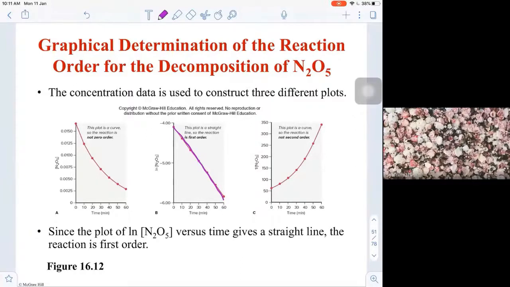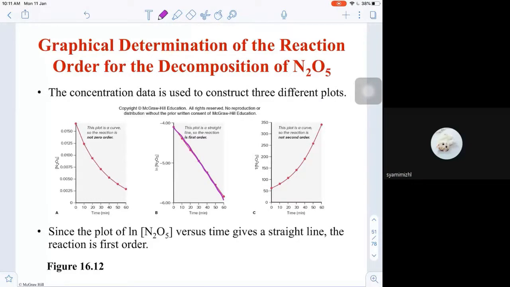So when we got a linear graph with the negative gradient, we can conclude that this reaction, the decomposition of nitrogen pentaoxide, is a first order reaction, because we got a linear graph from the ln versus time data. So this is how we determine the order by using the graphical method.